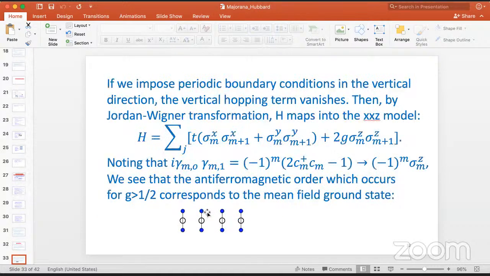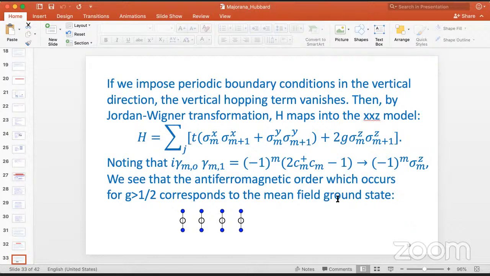So we can actually rewrite this in terms of spins. The corresponding Hamiltonian becomes t(σ^x_m σ^x_{m+1} + σ^y_m σ^y_{m+1}) plus 2g σ^z_m σ^z_{m+1}. So if g is weak enough, we're in a gapless phase. But if g is large, we get a gapped phase, and we can show that iγ_{m,0}γ_{m,1} corresponds to minus 1 to the m, σ^z_m.